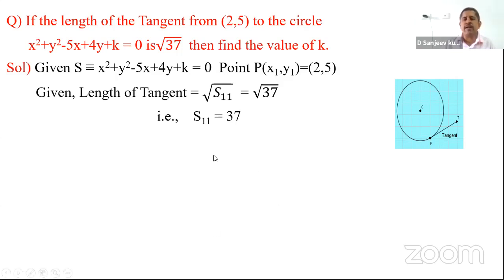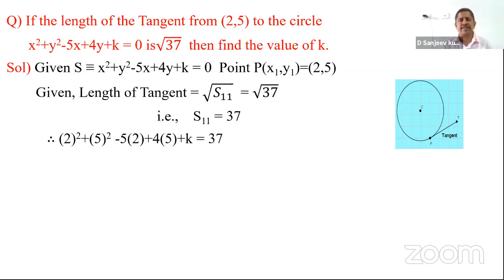So what is S11? S11 is x1² + y1² + 2g x1 + 2f y1 + c. Here x1 is 2 and y1 is 5, so substitute that. We can write 2² + 5² + (−5)(2) + 4(5) + k = 37.